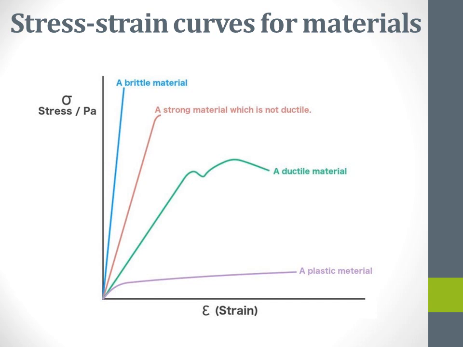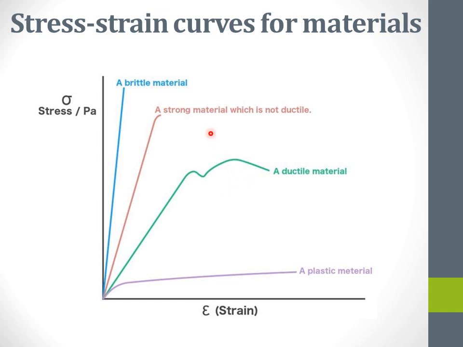Therefore, the stress-strain diagram is used to categorize materials into ductile, brittle or plastic. For ductile materials, the region between the elastic limit and the fracture point is quite large.